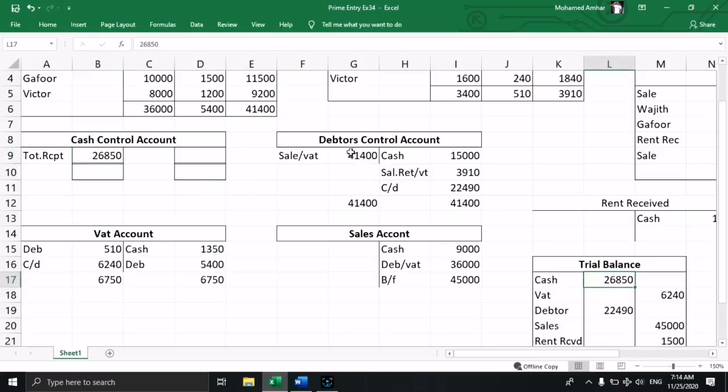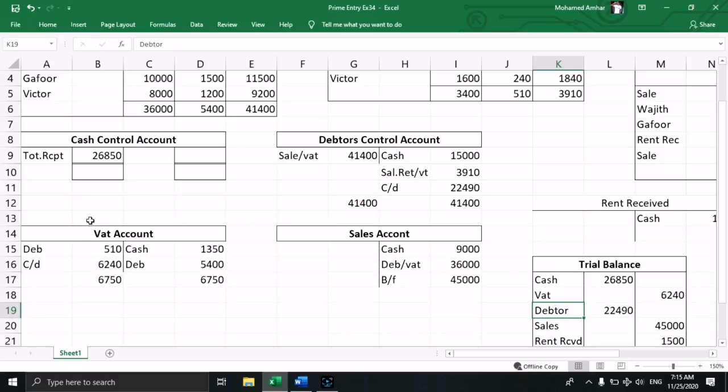Right. Debtors control account total is 41,400. So carried down and brought forward balance is 22,490. So brought forward balance is debit balance. So in the trial balance you have to write as a debit balance 22,490 debtors balance.